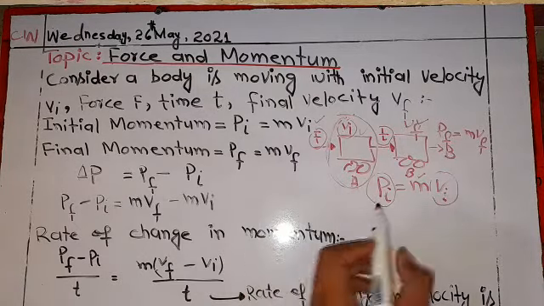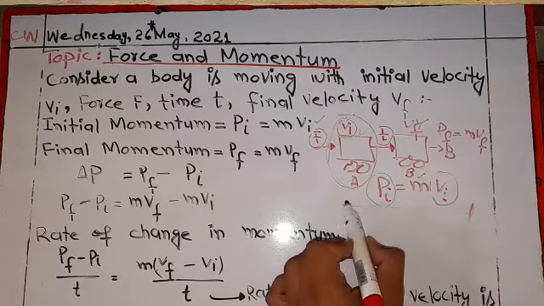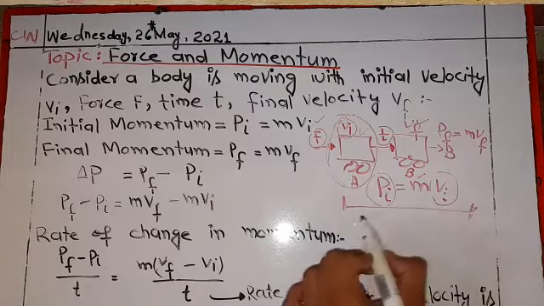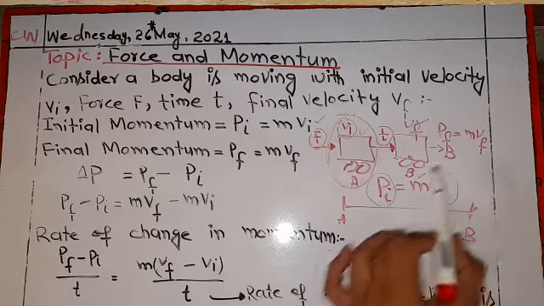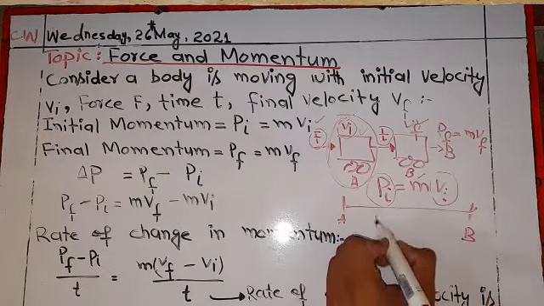Now we want to find the change in momentum from point A to B. To find the change, we subtract initial momentum from final momentum.